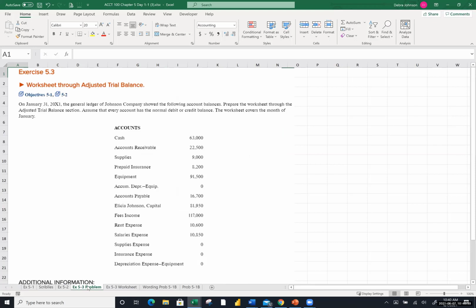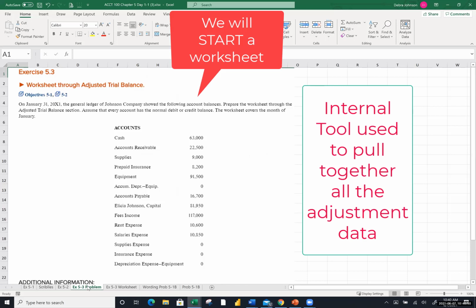Let's open up exercise 5-3, and this will be our first attempt at this thing called a worksheet. And if you haven't read the chapter yet, it might be even more intimidating. But we're going to work through it step by step. That's why I'm here. That's why Giselle's here. We're going to work through it. Okay, so let's make sure that we found exercise 5-3.